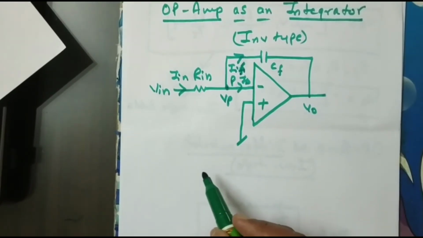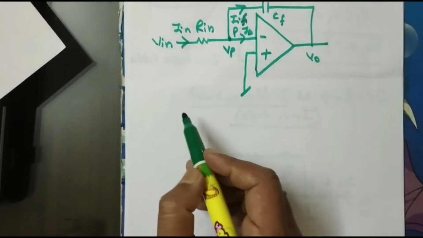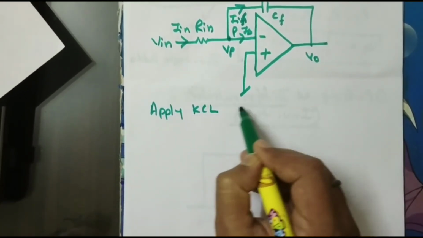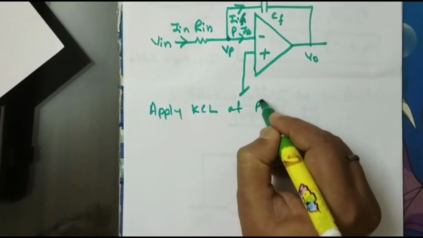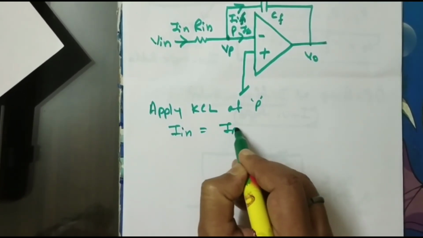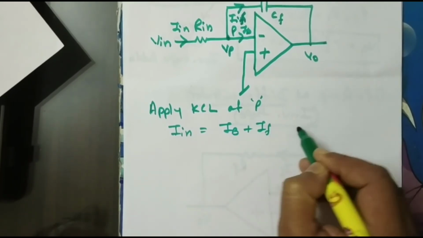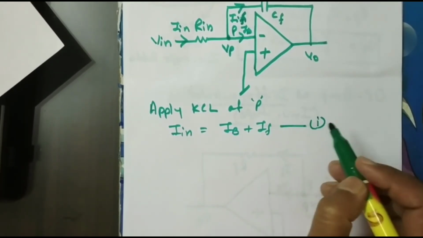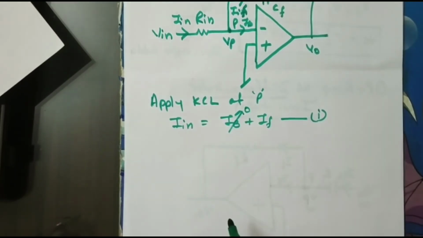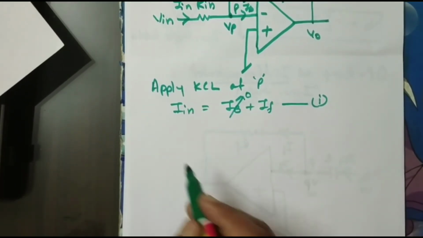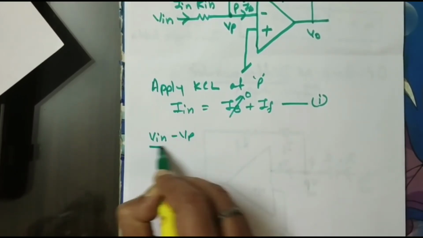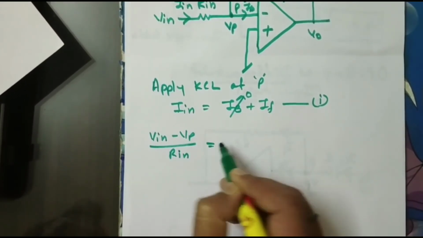Now again applying KCL at point P, it is Iin is equal to Ib plus If, which is the same as the differentiator, equation number 1. Ib is equal to 0 due to virtual ground, therefore the value of Iin is equal to Vin minus Vp upon Rin is equal to If.